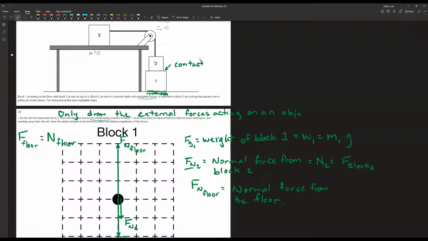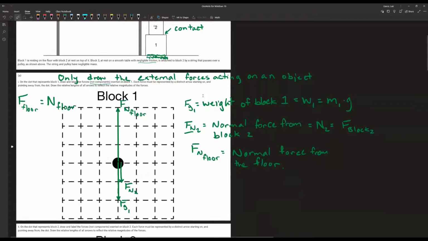For a free body diagram, we only draw the forces that are external to that object. Because we're drawing the free body diagram for block 1 right now, we only want to show the forces that are acting on block 1, not the forces that block 1 exerts onto the surfaces or whatever's near it.